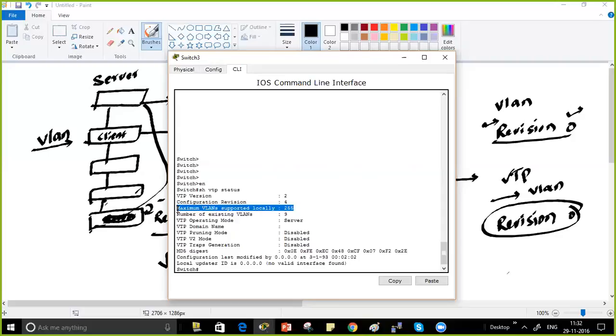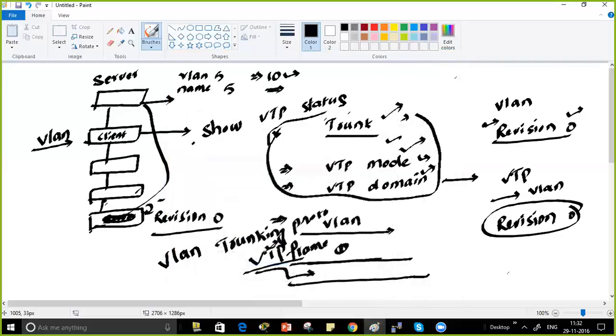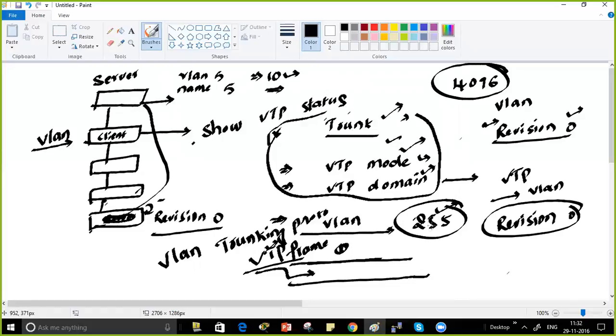We also have extended VLANs; if you configure VTP, it will support 4096 VLANs. It is in the CCNA switching concepts, how you configure extended VLANs. If they ask how many VLANs it supports, the answer is 255 only.